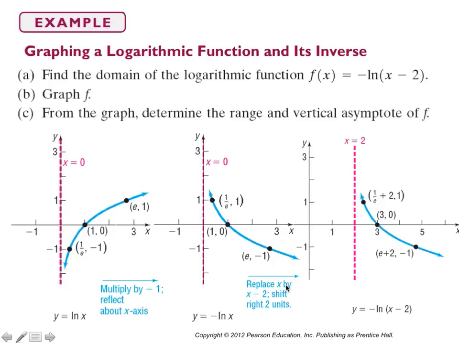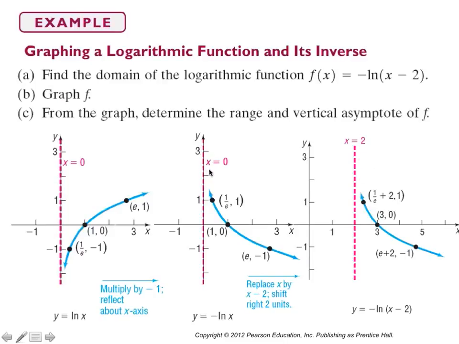And then in place of x, we put an x minus 2. So that means that we've shifted it to the right by 2 units. So if you take a look here, we have a point at (3, 0), and we also have a point at (1/e plus 2, 1), so a little bit more than 2, comma 1, all right, and our asymptote has moved to x equals 2.